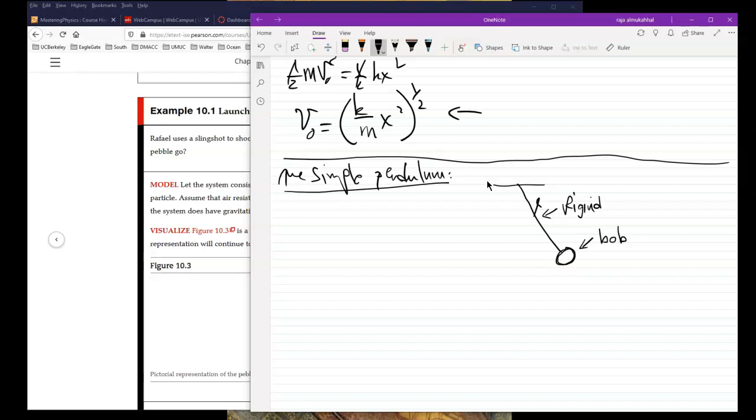For example, a pendulum that is not simple would be something like this. Imagine I have a pendulum with a length, and it is hooked up to a spring. And let's say it is also hooked up to a bag filled with sand.